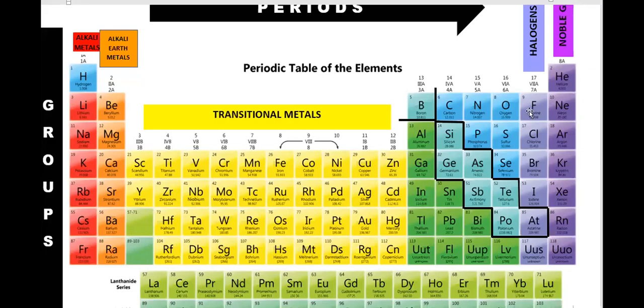Okay, and then we look at the 17th group here, and these are your halogens. Now, guys, if you look at the periodic table, I've drawn this black line, sort of a staircase here. This divides the periodic table into metals on the left side and non-metals on the right side.